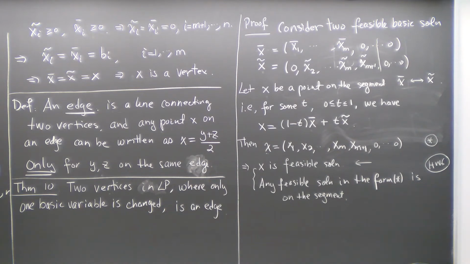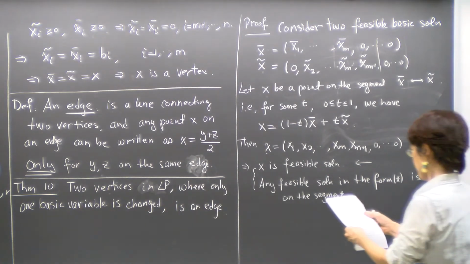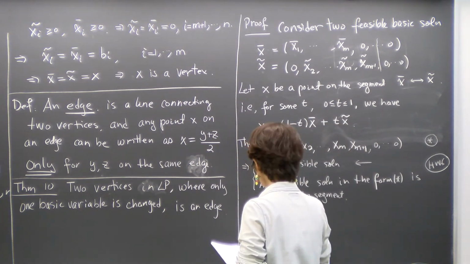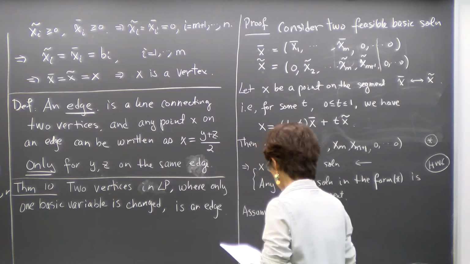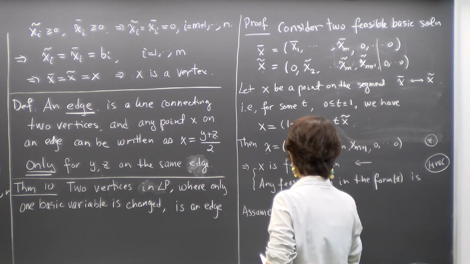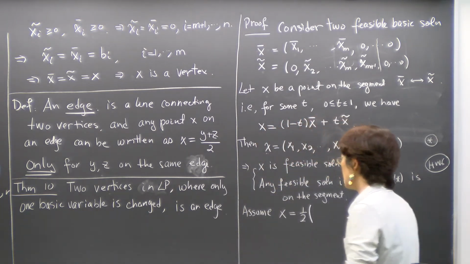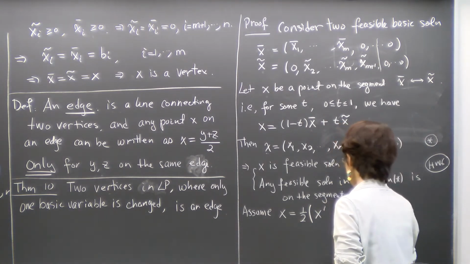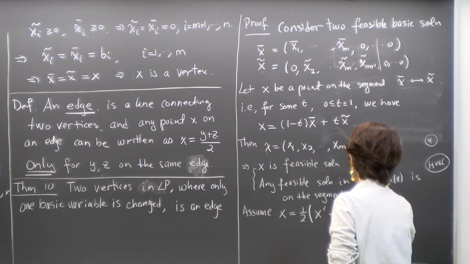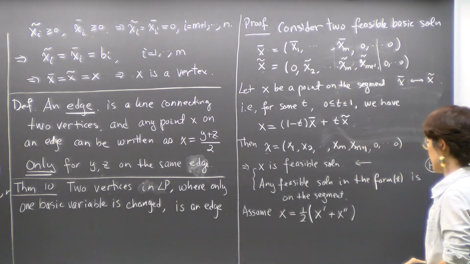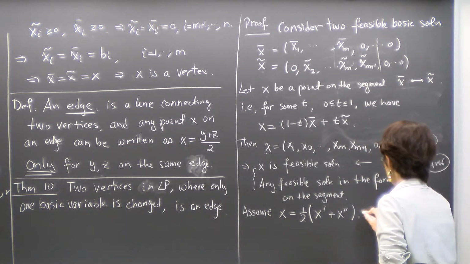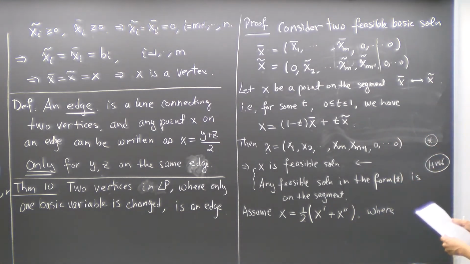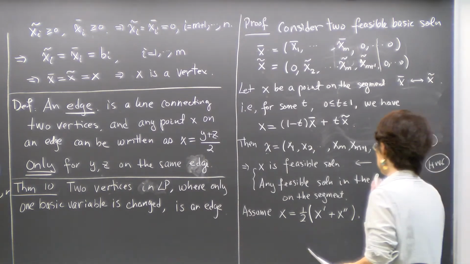Okay, so let's put 2 other points. Let's assume x equals a midpoint of some other points. So x prime is another point, x double prime is another point, where these are feasible solutions. So let me write it.